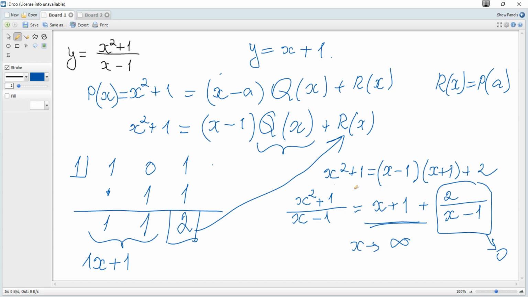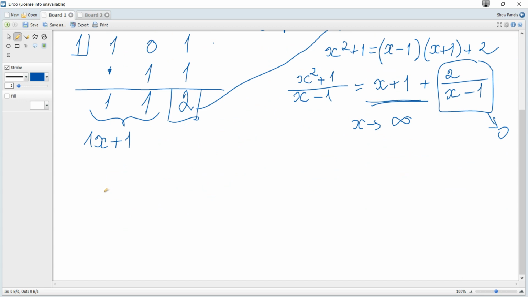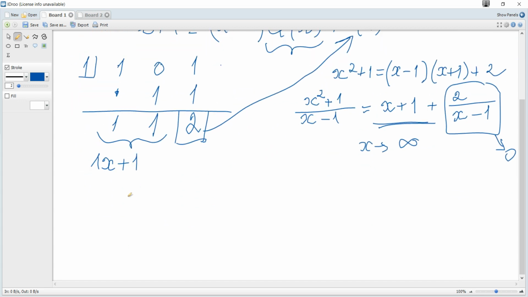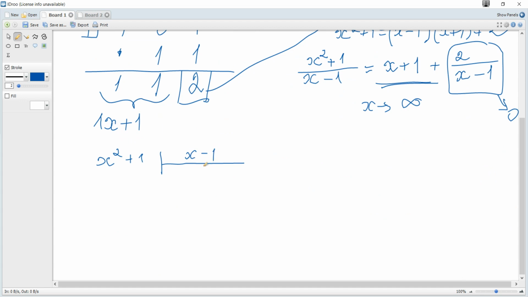I can get absolutely the same result, but using long division, so I just divide x squared plus 1 over x minus 1, and I need such a value so that if I multiply by the greatest power here, I should get the greatest power here.